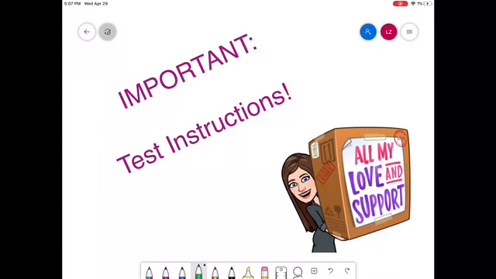You're going to tomorrow go on to Sadlier and take your test. You're going to look at the problem on the screen, get out a sheet of paper, nice and neatly with each problem numbered. Do your work on your paper. Circle your final answer, and then enter your answer digitally onto Sadlier.